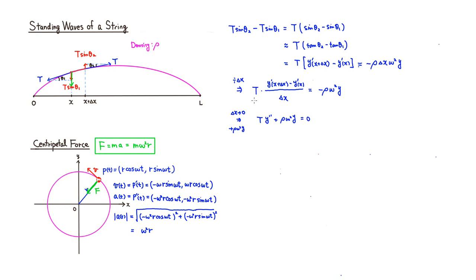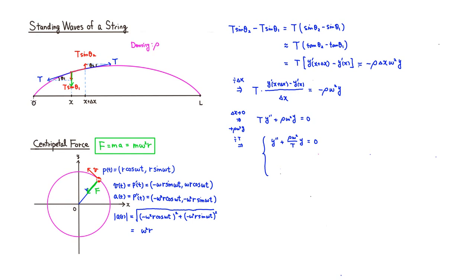Then I'm going to divide through by T. Then you get y double prime plus rho omega squared over T times y equal to 0.